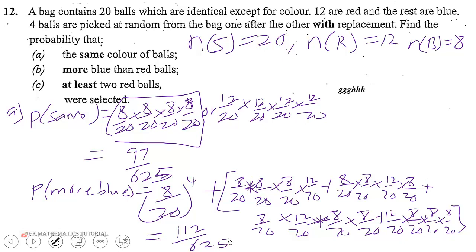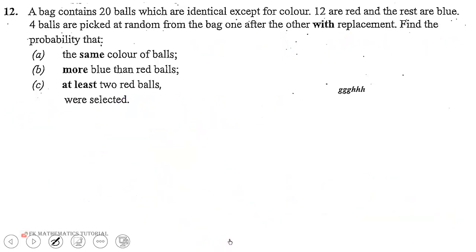Now, at least two of the red balls are selected. At least two. So that will be equal to 1 minus the one that we just calculated. So the probability of at least two red balls will be equal to 1 minus the probability of what we just calculated.